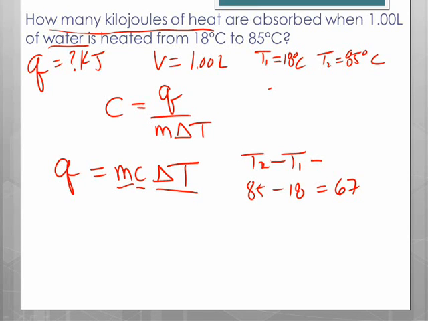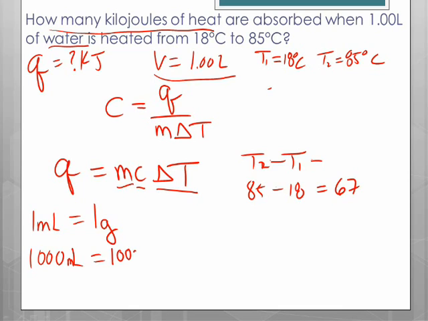Well, we're given a volume. We're not given mass. Well, the cool thing is, I know that 1 milliliter of water, since it's water, equals 1 gram. So that's a direct volume to mass relationship. So if we have 1 liter, 1 liter is 1,000 milliliters, which will thus equal 1,000 grams. And then we have our mass here, 1,000 grams.